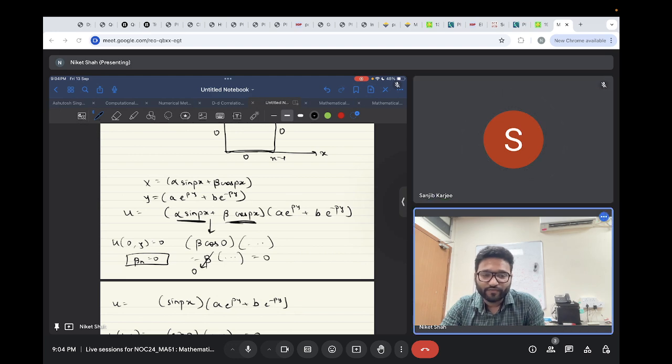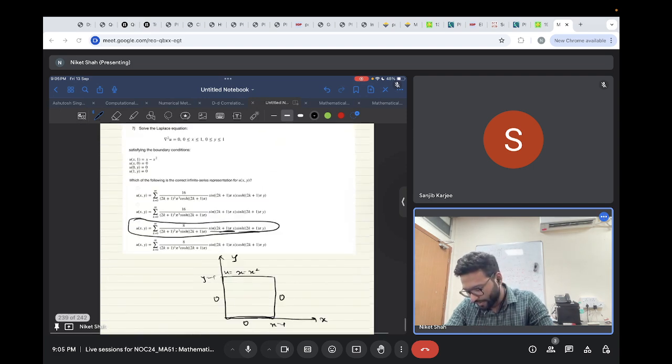That's what I'm saying. For that, you need a cos term. If there was a cos term, we could have done something. But for the first boundary condition, u of 0 comma y, to be 0, cos cannot exist. The cos term has to go away, which is why I'm mentioning u of 0 comma y first.